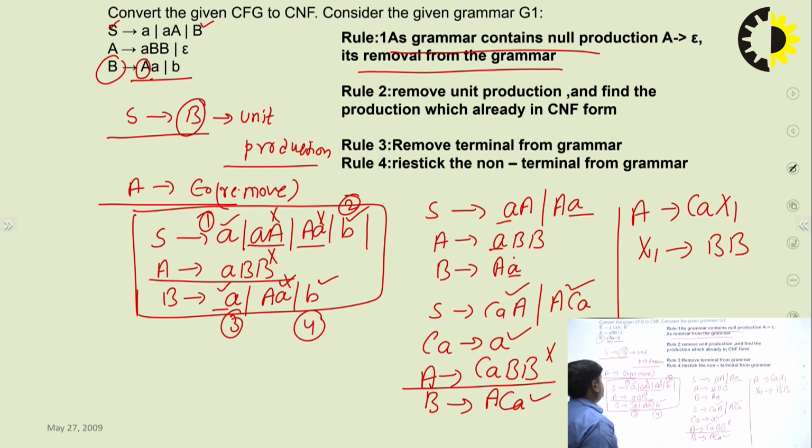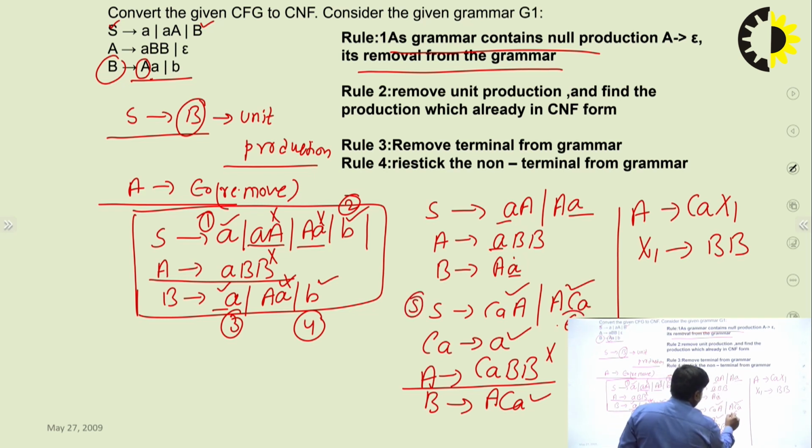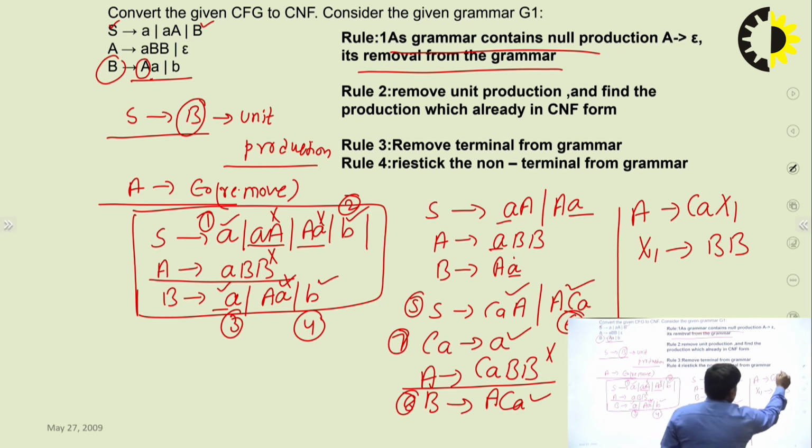These 4 productions are already in CNF form. Now production rule 4, production rule 5, production rule 6, production rule 7, production rule 8, production rule 9 and this is production rule 10. All the production rules are in CNF.